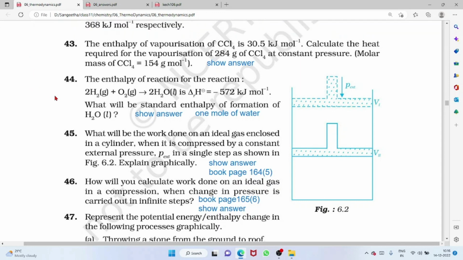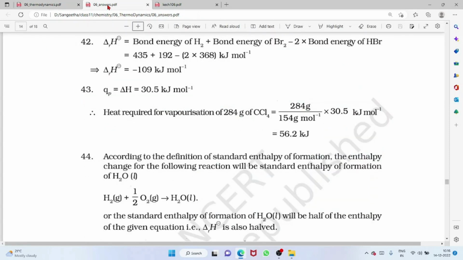The enthalpy of the reaction is given. What will be the standard enthalpy of formation of the liquid? They are asking for the standard enthalpy, and standard enthalpy means for 1 mole. This is for 2 moles, they are asking for 1 mole. Question 44.